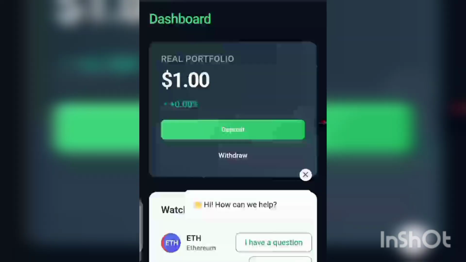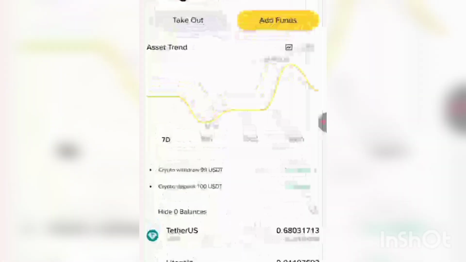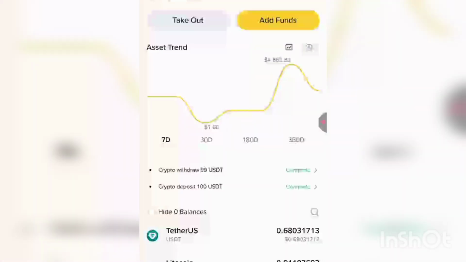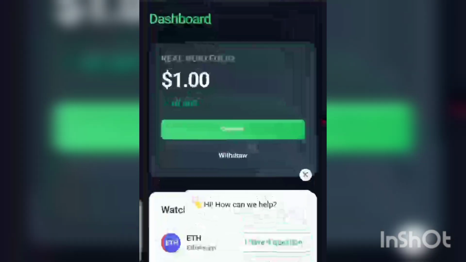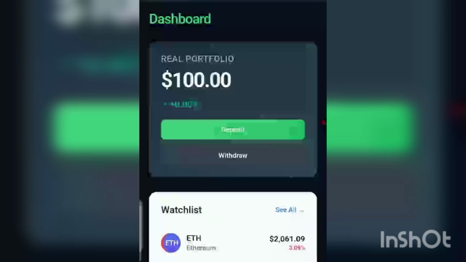Our money has left Binance and it is being completed, so it will come over to this place and reflect here. We have 1 USDT plus the 99, that's 100.